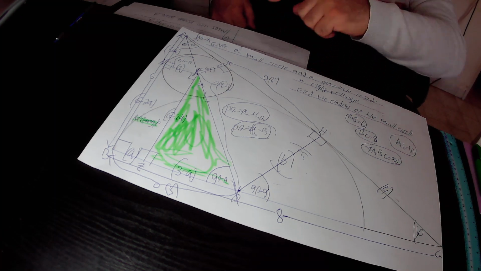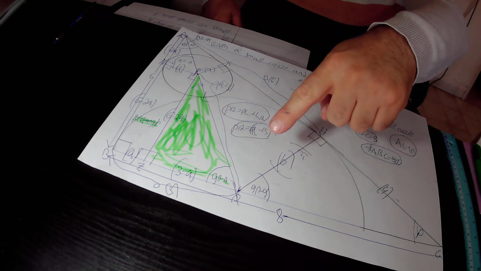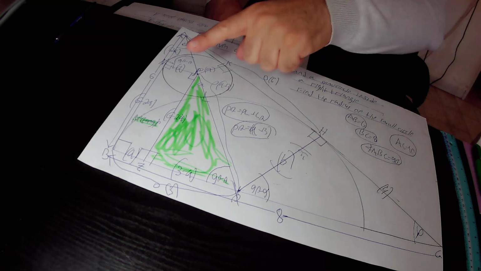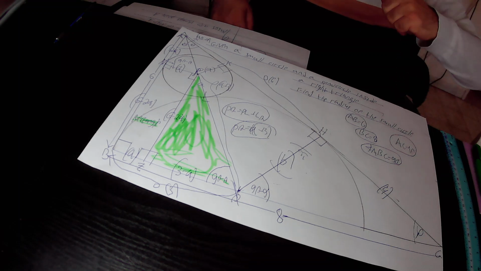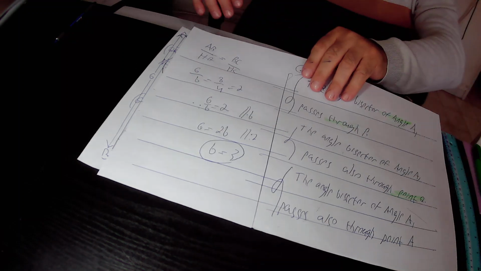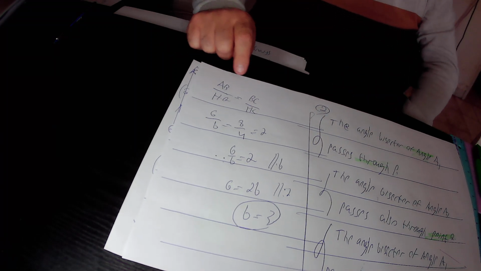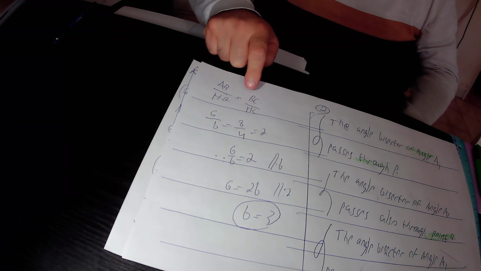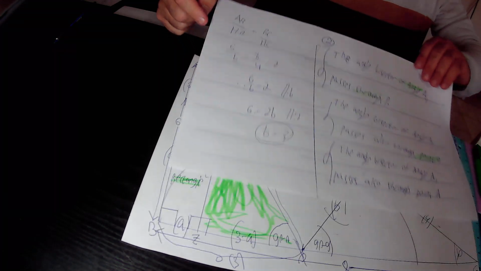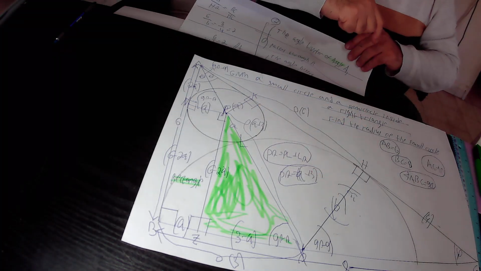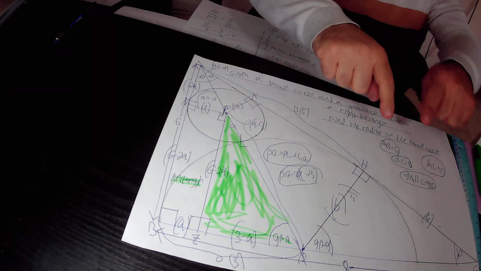We derive that side AB of the big right triangle ABC over side HQ of the small right triangle HCQ equals side BC of the big right triangle ABC over side HC of the small right triangle HCQ. AB is 6, HQ is B, the radius of the big semicircle, BC is 8, and HC is 4.